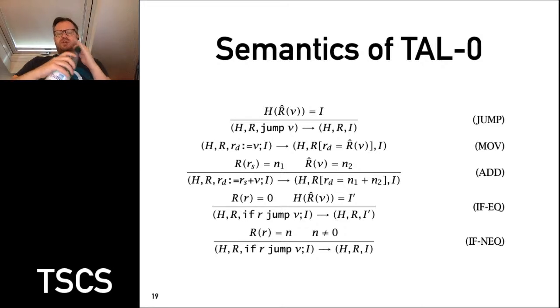So you have this jump instruction, which tells you that on the heap, at the translated register value, you should have an instruction sequence I. And if your machine looks like this, with a heap state H, a register state R, and the only instruction left in your current instruction sequence is a jump to a value V, then your new state is the same heap, the same register, but the code I that you now load from the heap at this particular value.